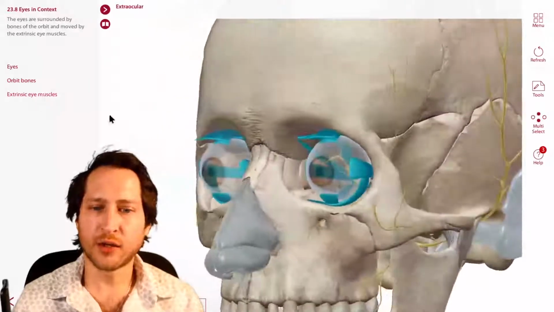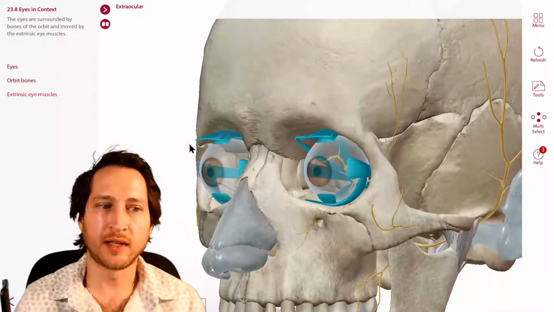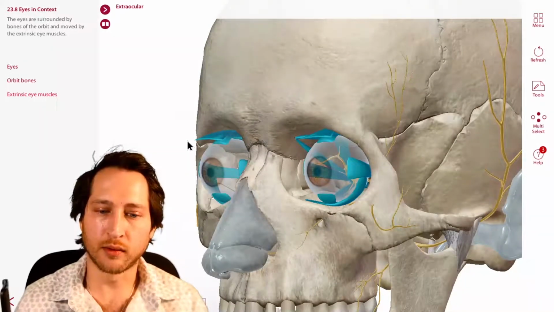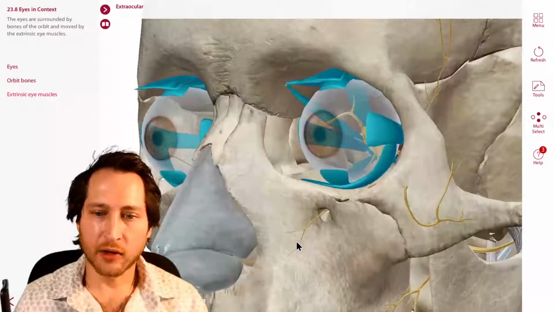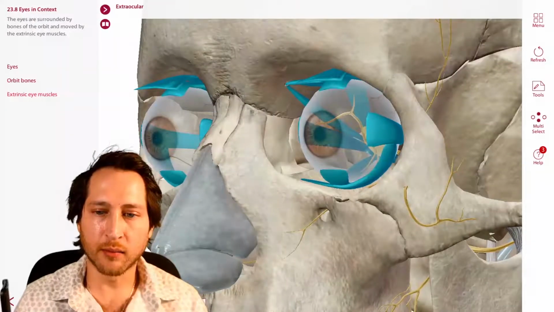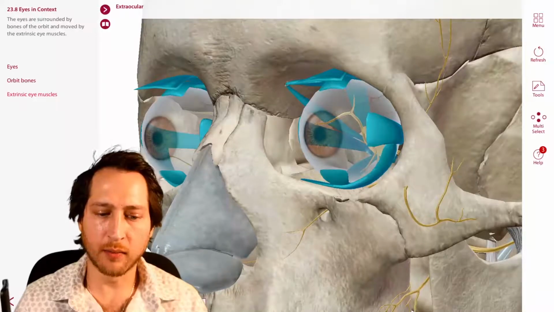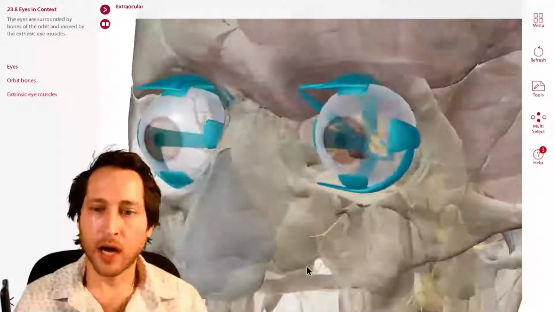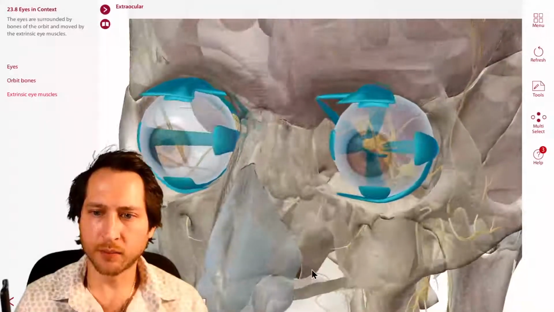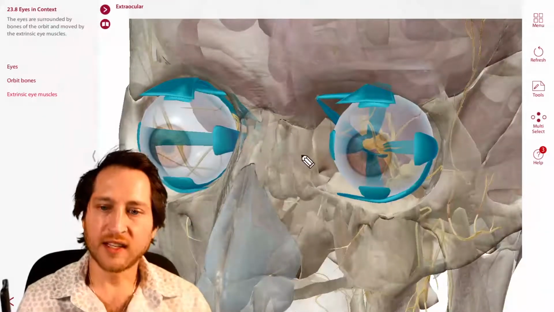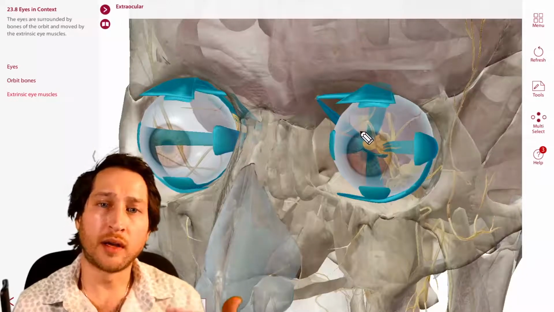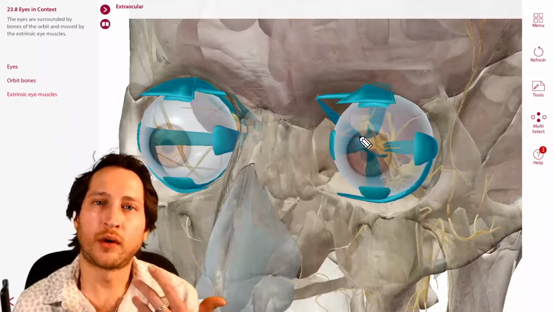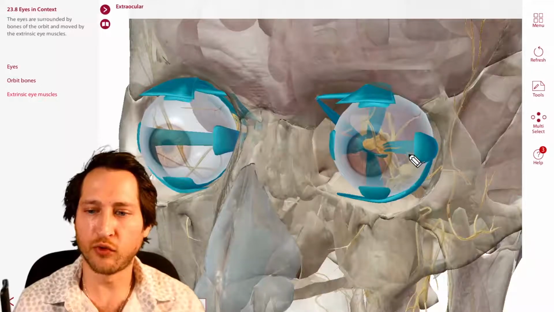Now, one of the accessory muscles we're going to talk about are called the extrinsic eye muscles. And we have them right here. I'm going to go ahead and label them now, so when we talk about them a little bit later, it'll make more sense. Right now we are hiding the rest of the muscles. These extrinsic eye muscles are very important for allowing us to control eye movement.